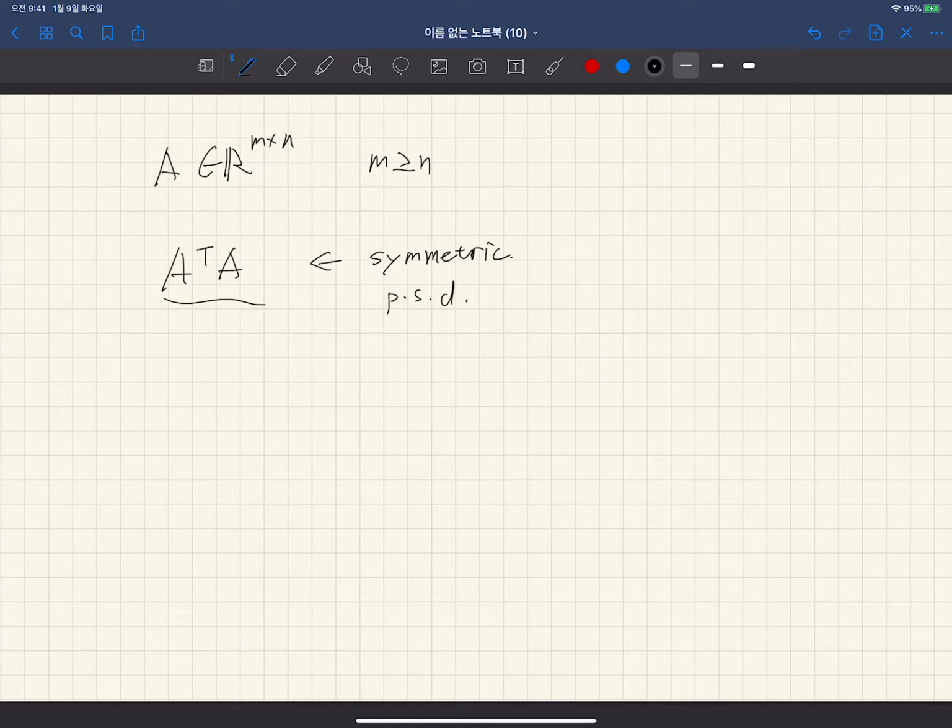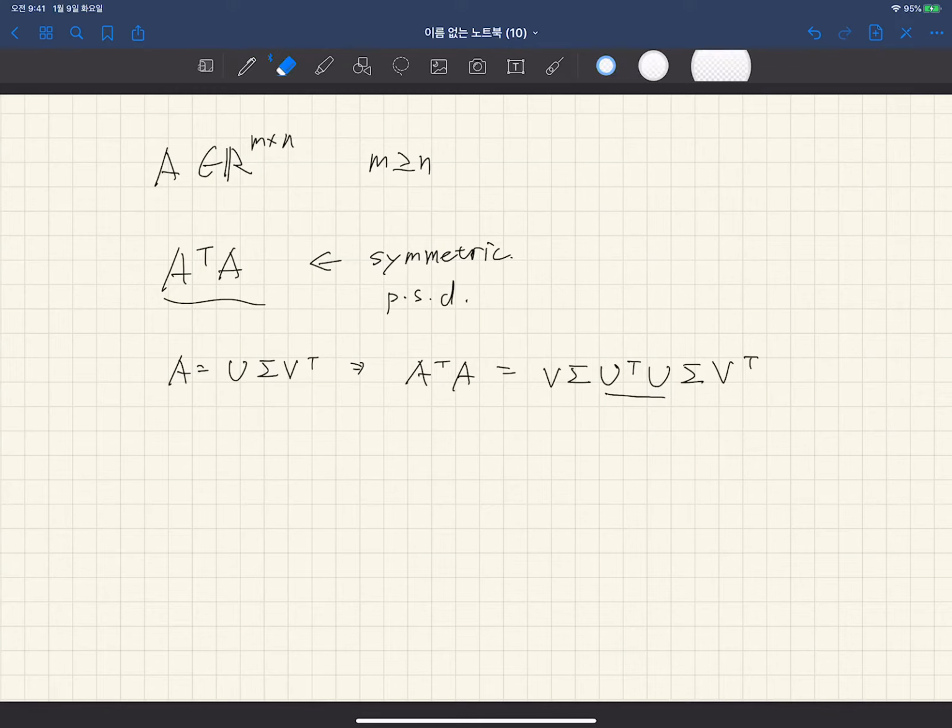Anyway, what are the eigenvalues and eigenvectors of A transpose A? Since A is U sigma V transpose, when you take A transpose A, this is equal to V sigma U transpose U sigma V transpose. Since U consists of orthonormal columns, U transpose U makes an identity matrix with size n by n. So essentially this is equal to V sigma square V transpose.